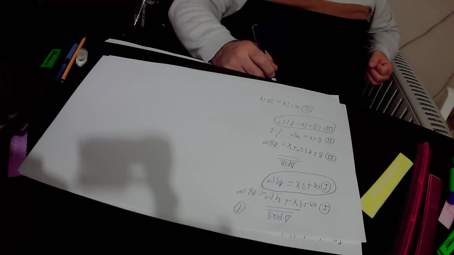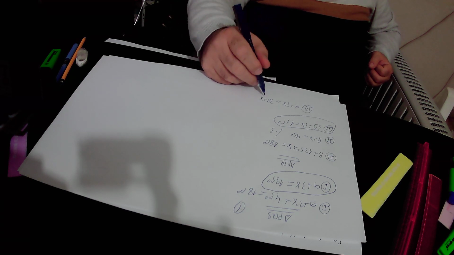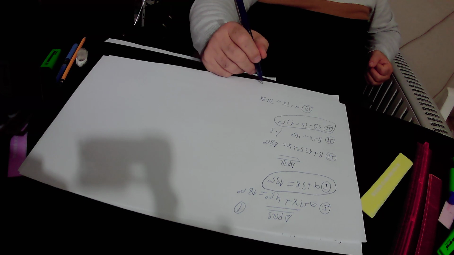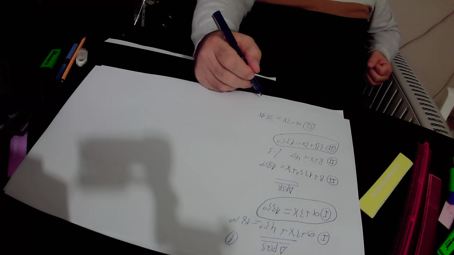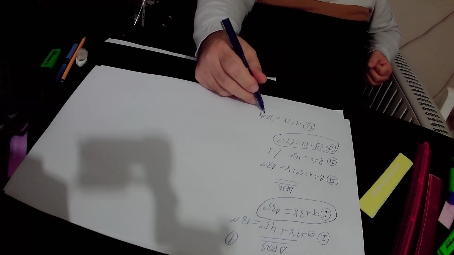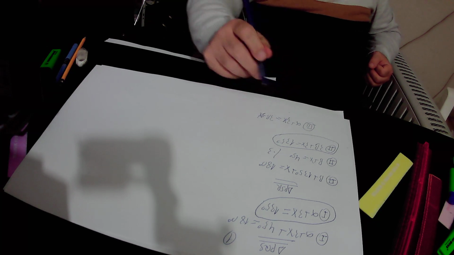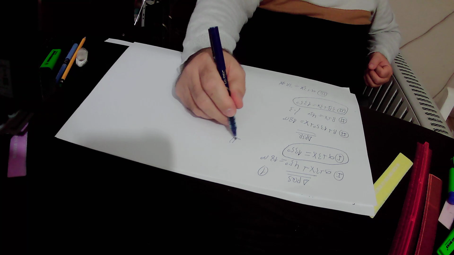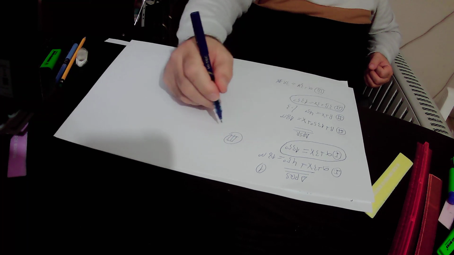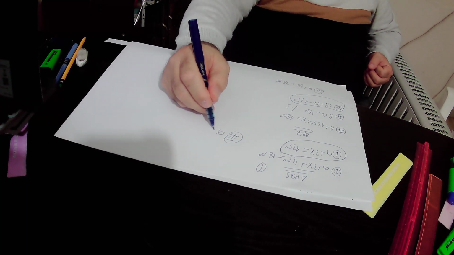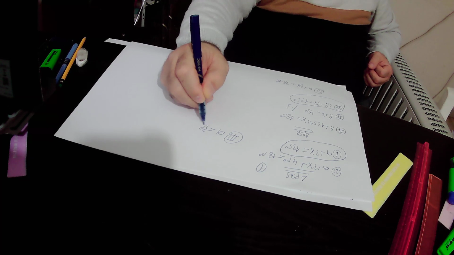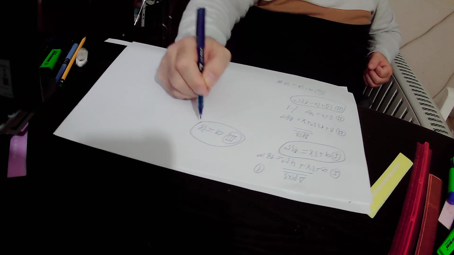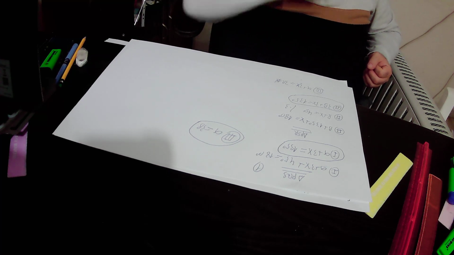So here we will subtract 3x from equation number 3, and we will get that alpha is equal to 3 beta. We found out that according to equation number 3, alpha equals 3 beta.